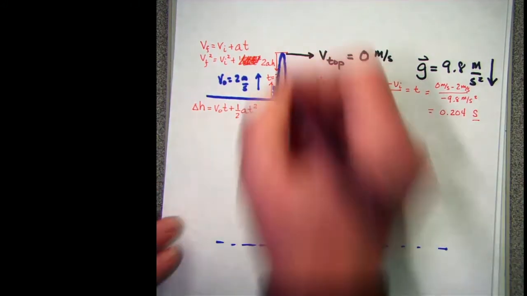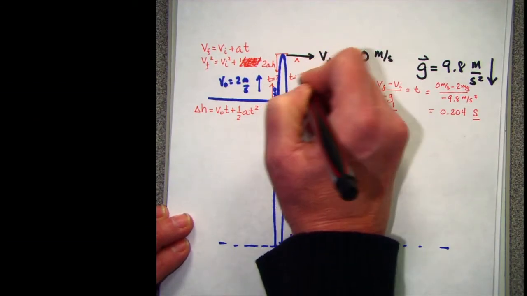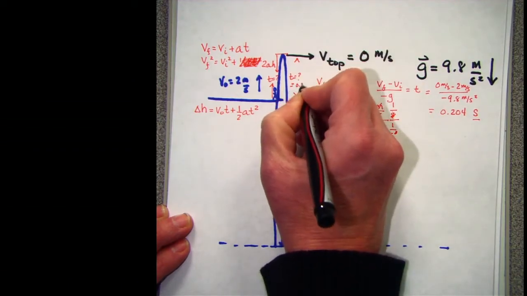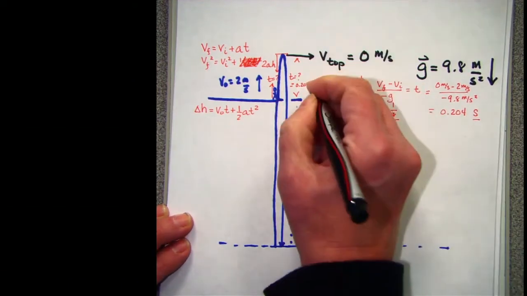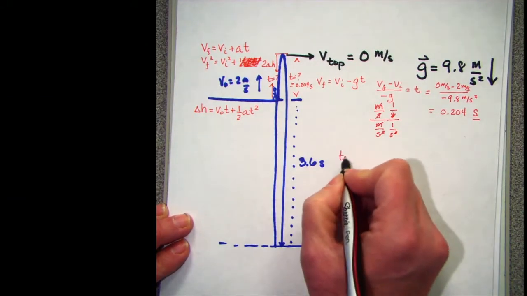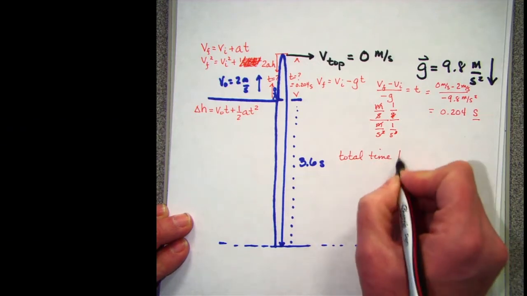By symmetry, we now know this time has got to be 0.204 seconds. So a question I might ask is the total time the ball is in the air.